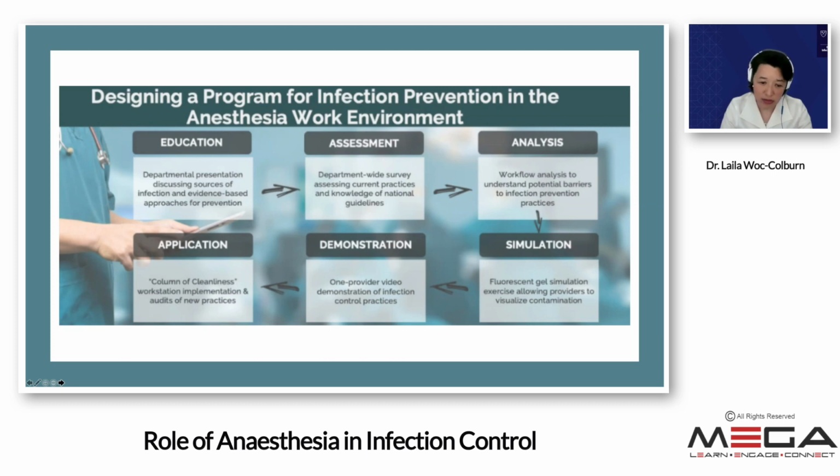We analyze, so there will be someone like we did in that square that you saw of the red and black and blue lines, where you look at the workflow and these high touch areas. You also use UV light, where you can see the high touch areas and where things are happening, using fluorescent gel simulations to allow everybody to see and visualize the contamination that is going on.